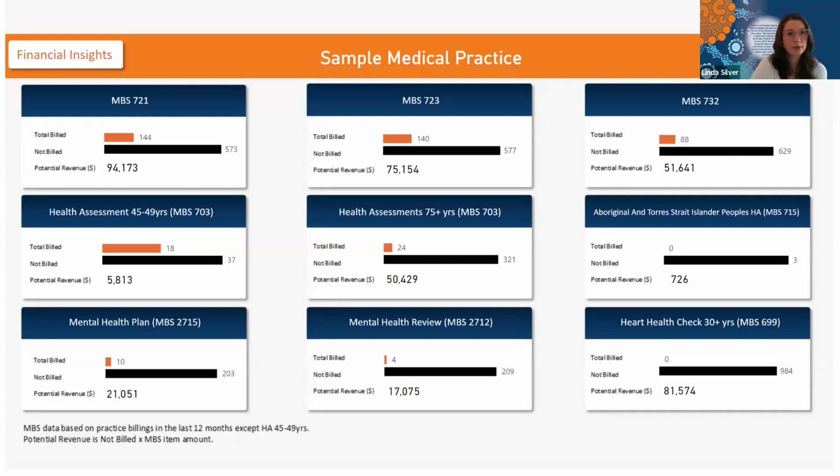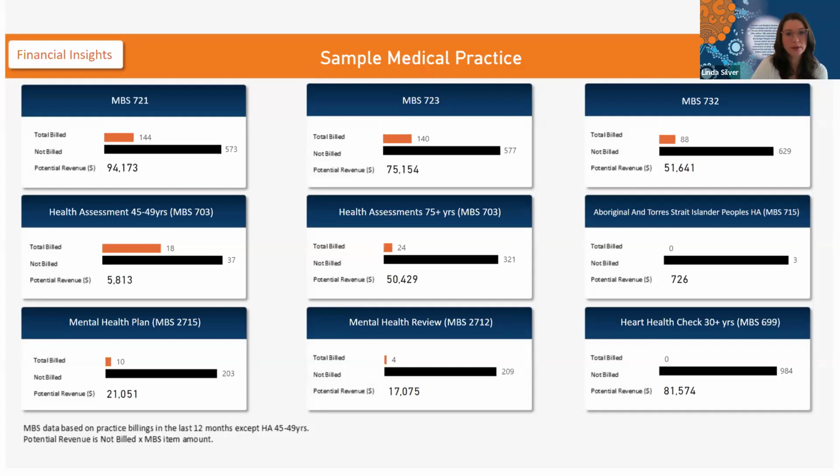When it comes to health assessments in the middle row, here we are looking at, first off, regular patients 45 to 49 who have had a health assessment built at your practice in the last 12 months. We are capturing all the MBS item numbers 701 all the way to 707, but we are calculating the potential revenue figure based on the MBS 703 in the brackets.